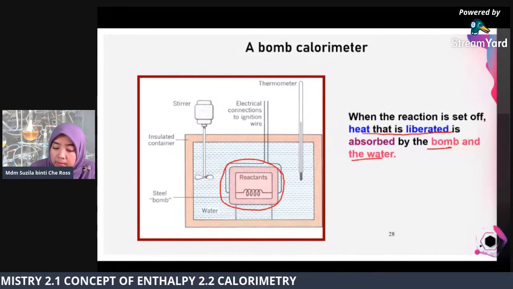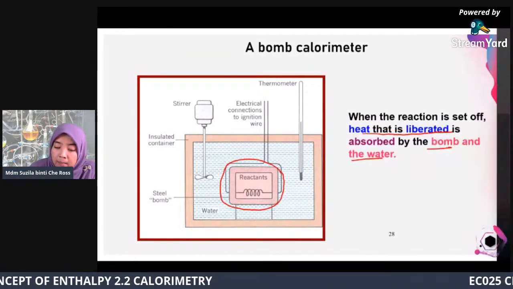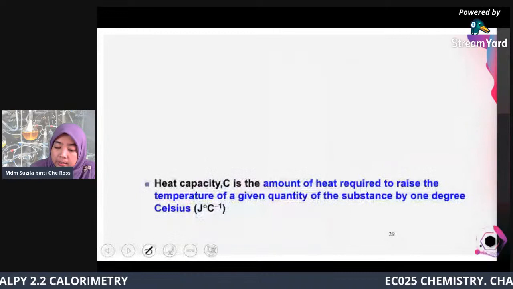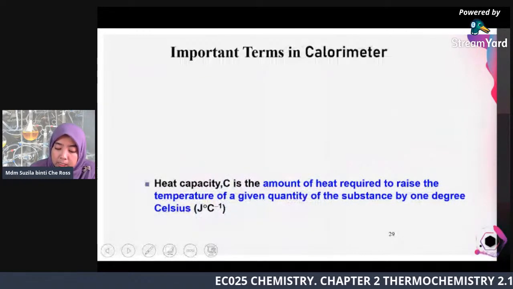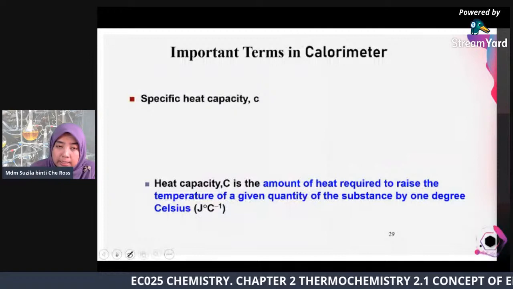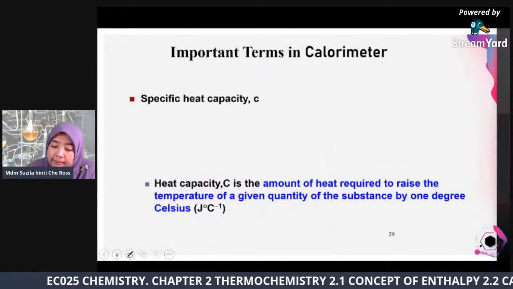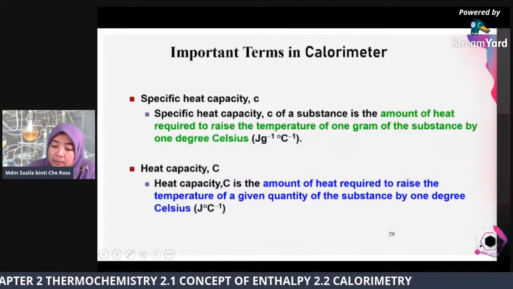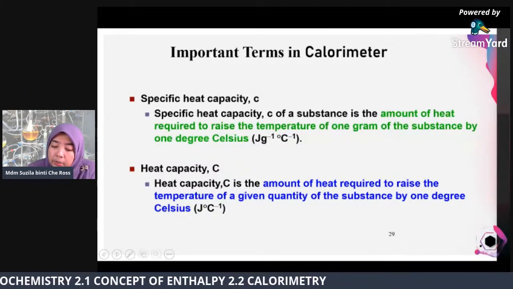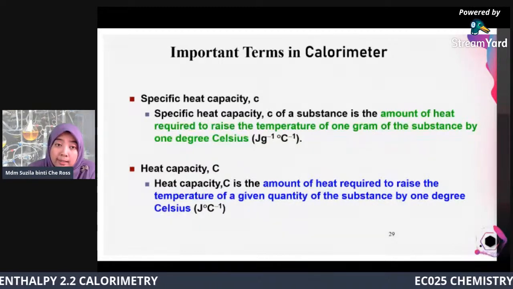So let's look a bit here. Important terms in calorimeter, of course, are specific heat capacity and heat capacity. I'm sure you have heard these terms in physics, right? Specific heat capacity is the amount of heat required to raise the temperature of 1 gram of substance by 1 degree Celsius.